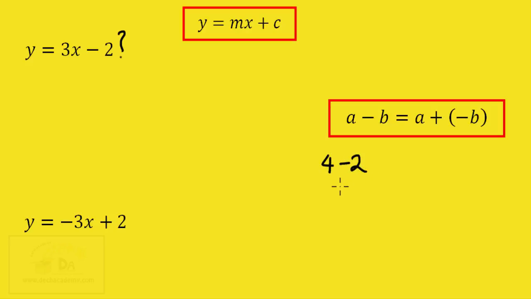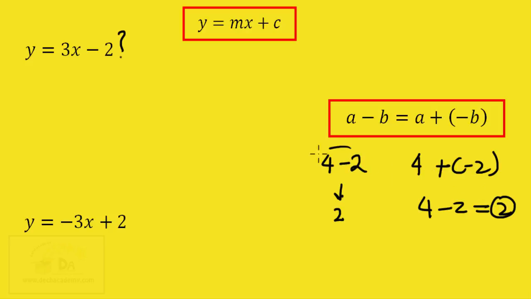What is 4 minus 2? 4 minus 2 is 2. But it's also the same as saying 4 plus minus 2. What is 4 plus minus 2? Well, plus times minus is minus. So 4 minus 2 is 2 as well. Going from this route, we get 2. Going from this route, you also get 2. So this you need to accept as a fact.